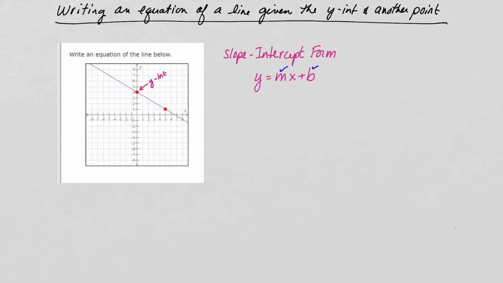So from my graph, I have to figure out what m is and what b is. Let's talk about b first, because I already know b is right here where it crosses the y-axis, and that is 4. So in our case, b is 4.